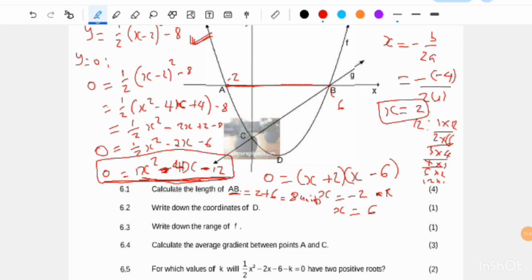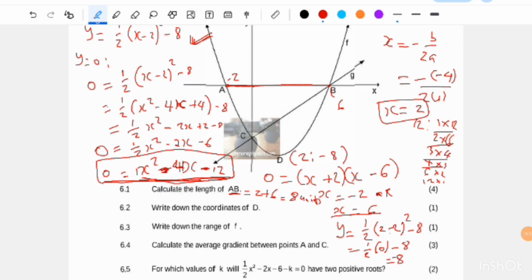You'll then substitute and say y is equal to half, and where there's x, you put 2, so (2 minus 2) all squared minus 8. Therefore, this is 0, so 1 over 2 into 0 minus 8. Therefore, y is equal to minus 8. Then what are the coordinates of D? The coordinates of D are (2, -8).